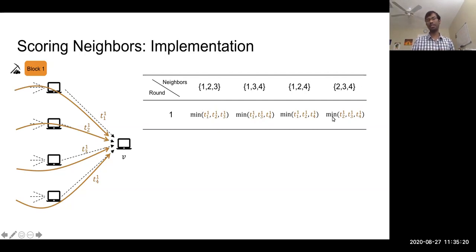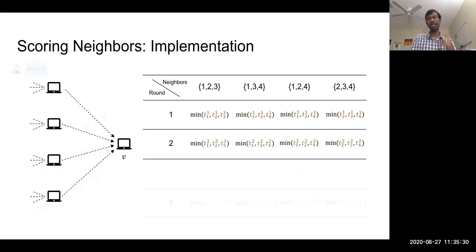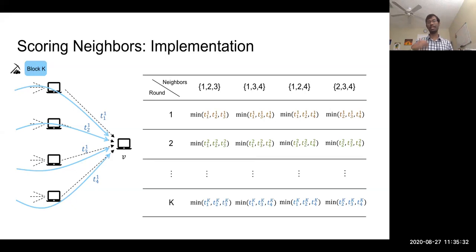And similarly for all the other groups. And as different blocks are mined and relayed to V, V is going to record these absolute timestamps, and it's essentially going to be constructing the table as follows. Now here you can think of K as something like 100 or 200.